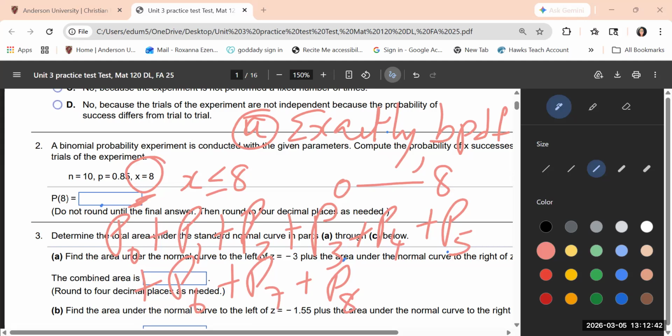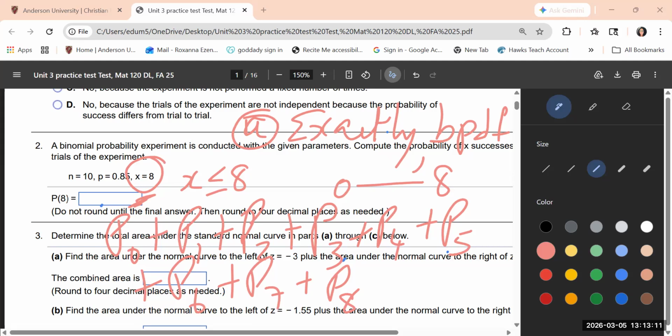If I evaluate it, I get P0. When I'm told to find P1, P1 is 10 combination 1, success to power 1, failure to power 10 minus 1. 10 minus 1 is 9. That is P1.